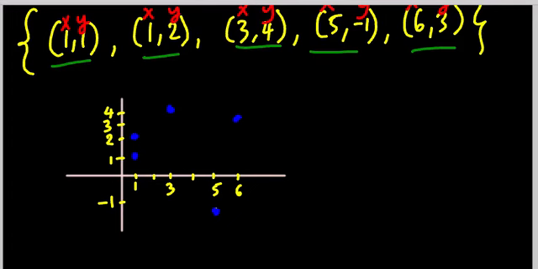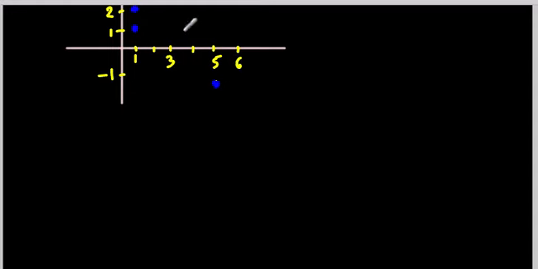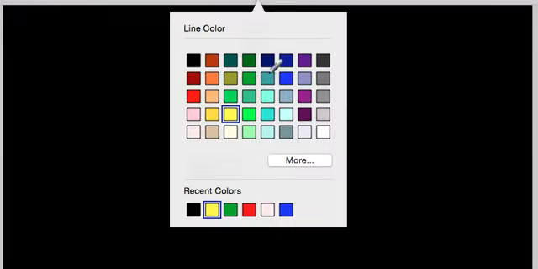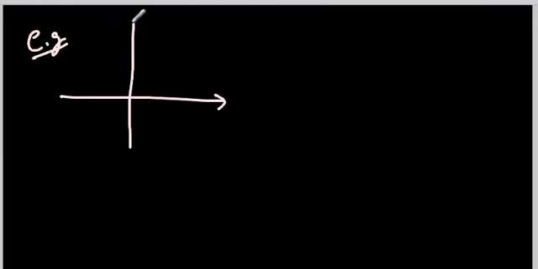Let's give a couple more examples to show you what relations are. Let me go back to white. So here's another example. Here are my axes. This is the x-axis, and that's the y-axis. Let's say I just draw a random line like this, or y equals mx plus b.